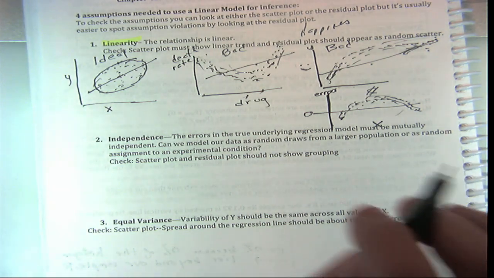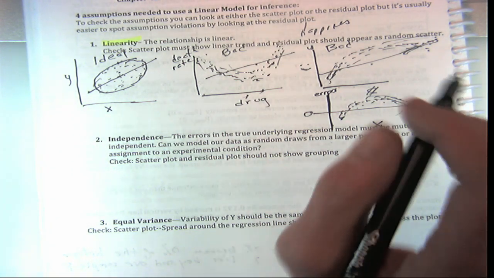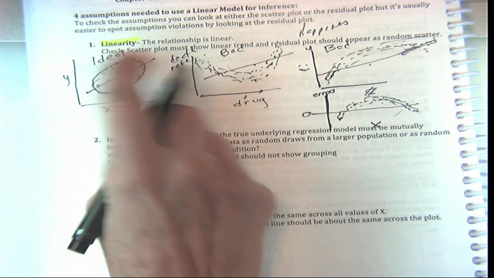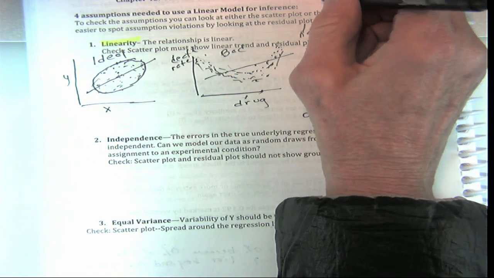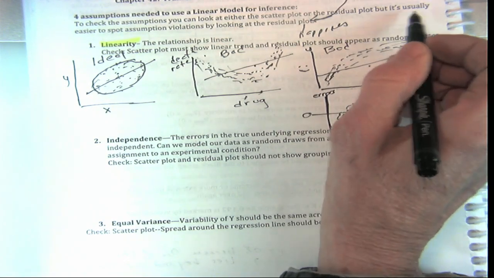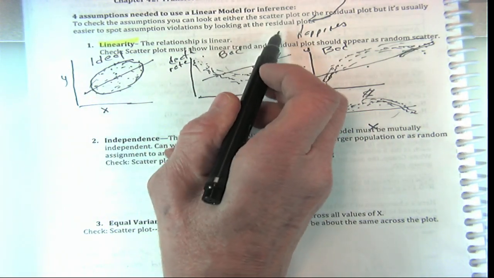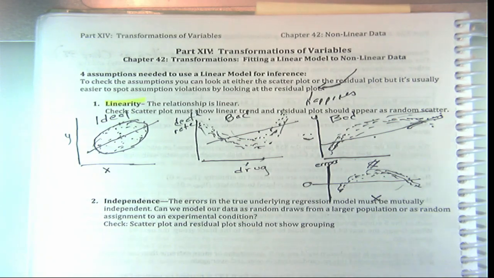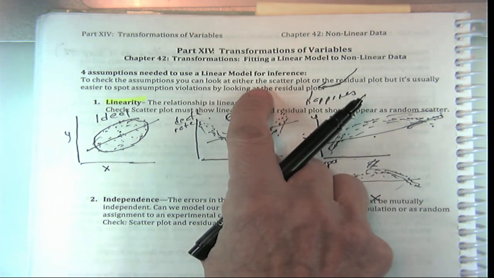And that's very much like the homework that I'm going to post. So I'll warn you about this. It's usually easier to spot assumptions by looking at the residual plots, and sometimes that's the only way you can do it.